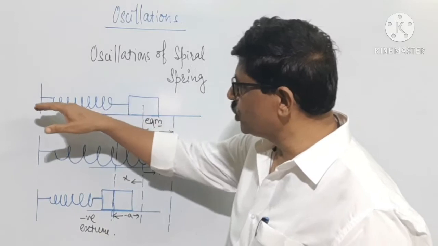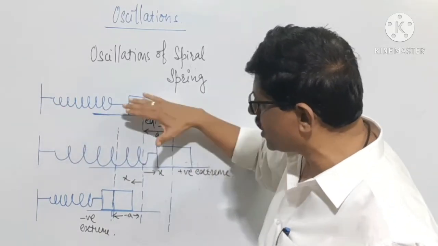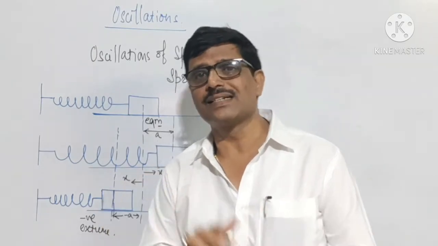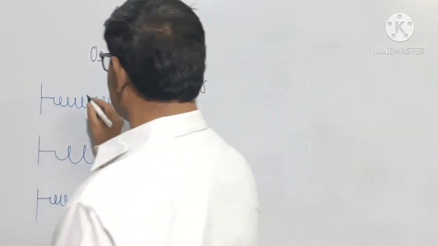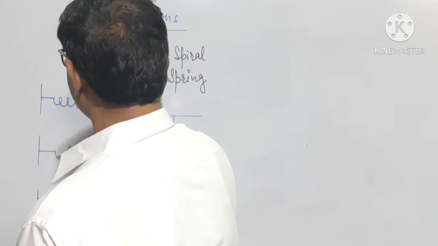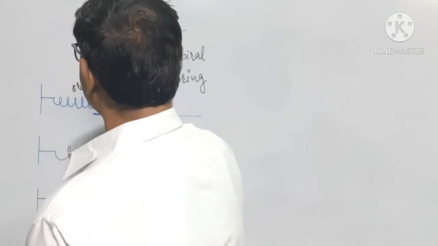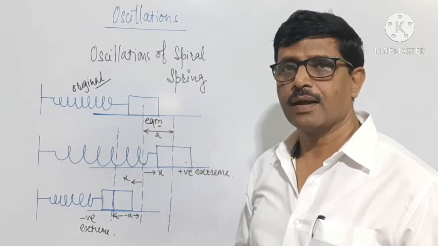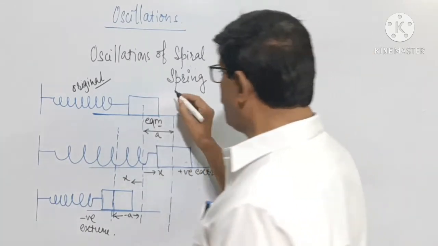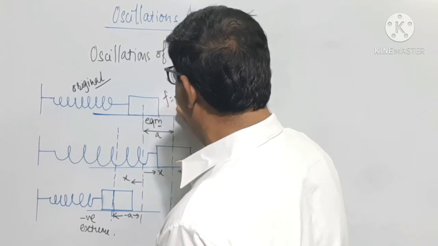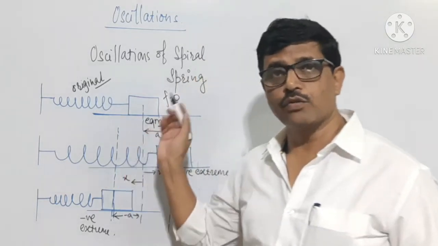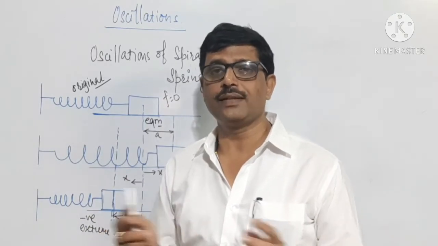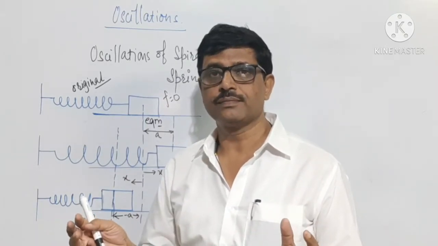When the spiral spring and the block are on the table and the spring has its original length, there is no restoring force acting on it, because it is already at its original length, original dimension.